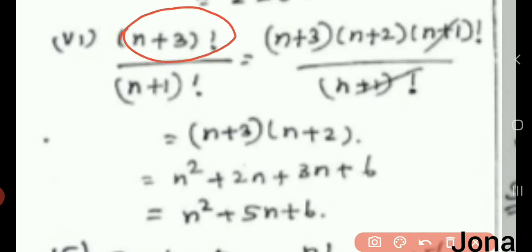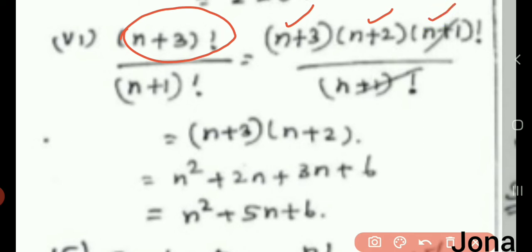And then the sixth problem, here (n+3)! divided by (n+1)!. This (n+3)! can be written in the reduced form like this. For n+3 we have to subtract 1 from this, that is (n+2) into (n+1)!.